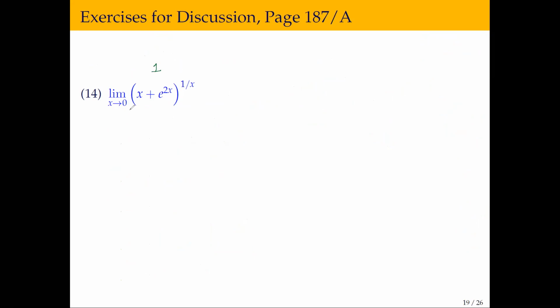So hindi sinabi kung this is 0 plus or 0 minus. Ang alam lang natin, x goes to 0. So this may be positive infinity or negative infinity. Well, it doesn't matter kasi pasok naman siya sa criteria, no? Kasi exponent ni 1 pwedeng positive infinity or negative infinity. So we just write 1 raised to infinity instead, since hindi tayo sure.